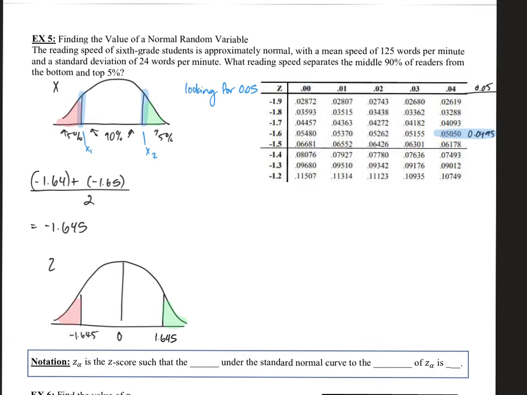So to find these values, for x1, it's going to equal our mu plus z1 sigma. And that's our z1, and then our z2. So x1 is going to equal our mu value, which is 125. 125 is the mean, plus our z, which is negative 1.645, times our standard deviation, which is 24 words per minute.